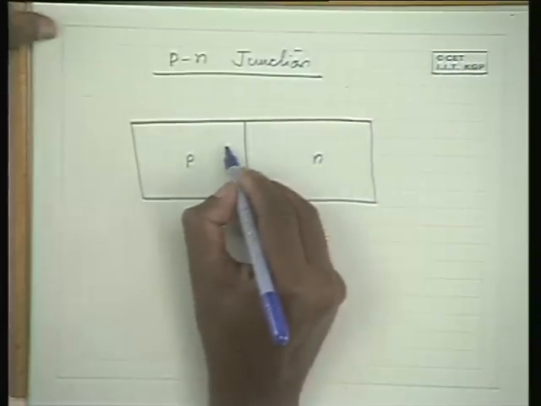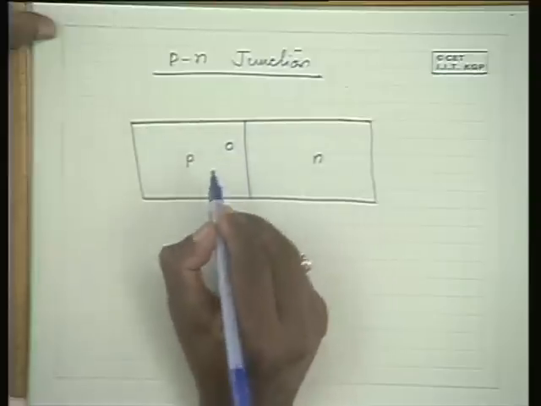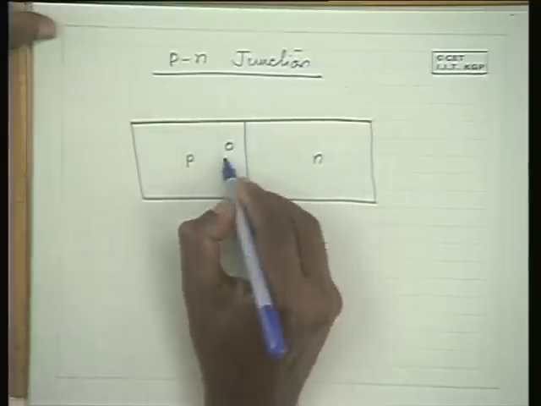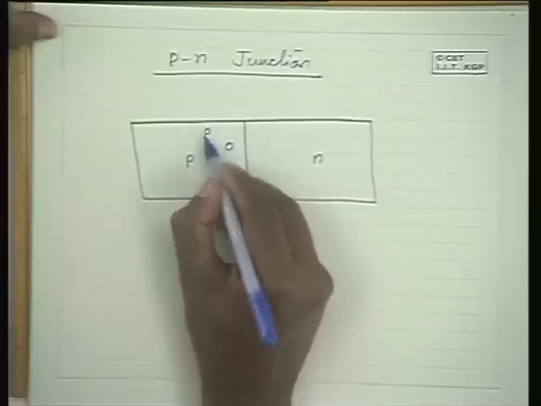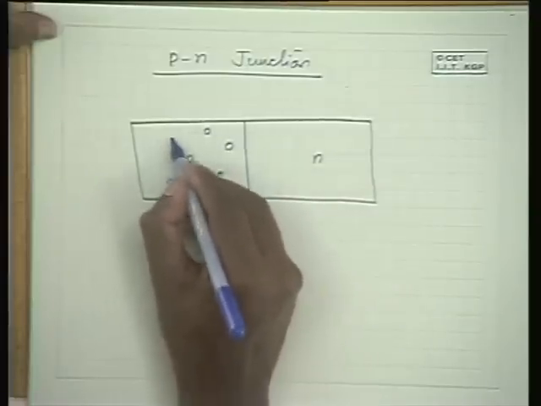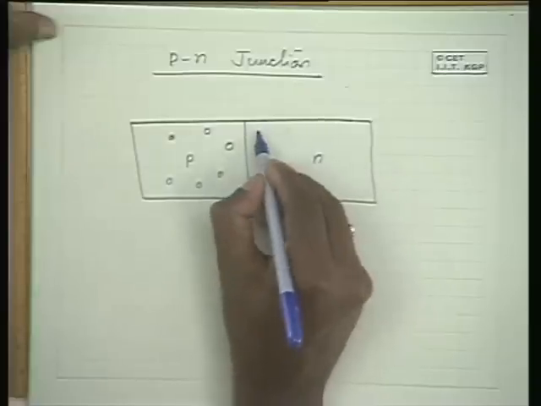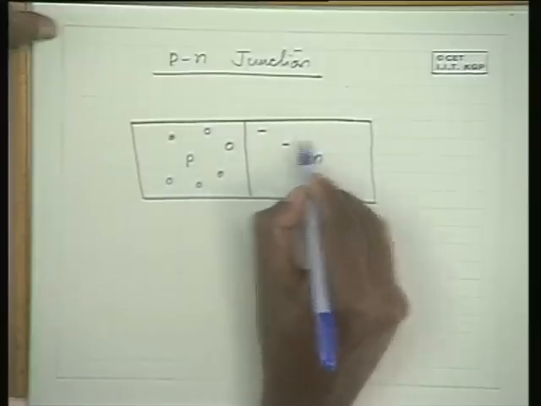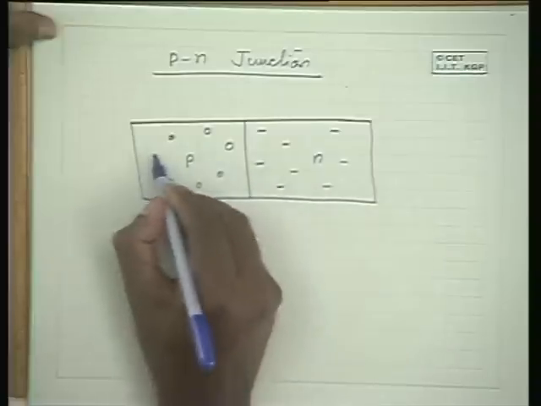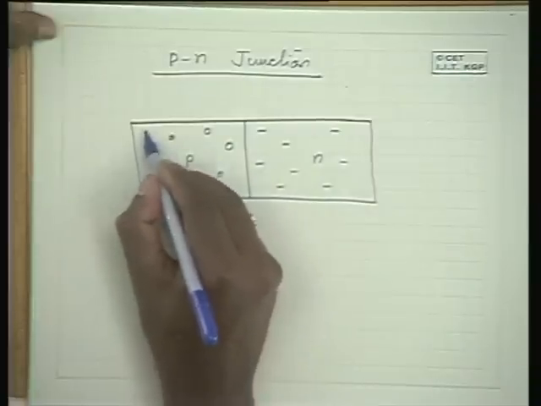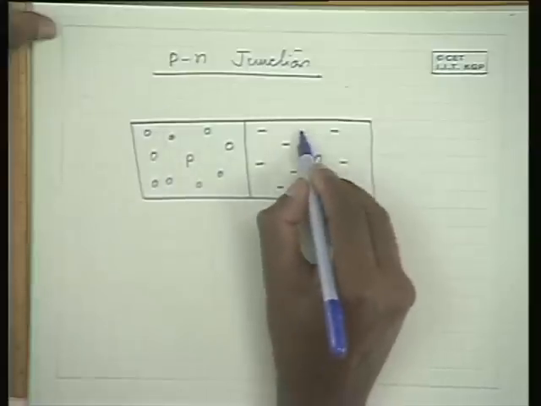P-type material means we have some holes throughout the material, and in the n-type we have a high concentration of electrons throughout the material as the majority carriers.